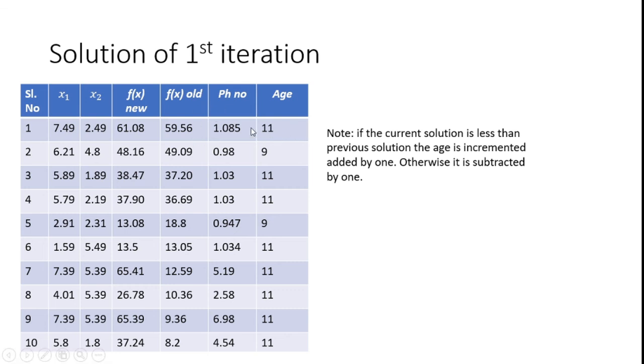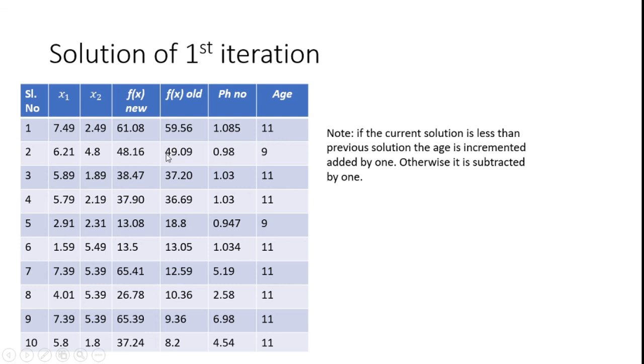I introduce the value 11 because I compare both: the older f of x value is 59.56 and the new f of x value is 61.08, so I add 1 to the old age 10, making it 11.